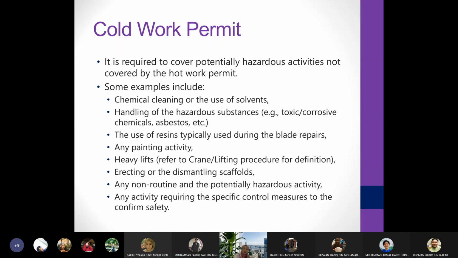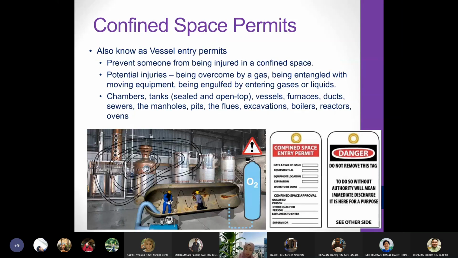And then also, if you're erecting or dismantling scaffolds, this is in the construction industry. Any non-routine and potentially hazardous activities, and also any activities that require specific control measures to confirm safety. Okay, that's where you need the cold work permit.